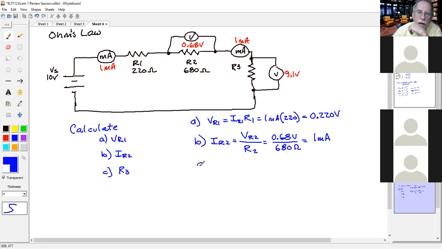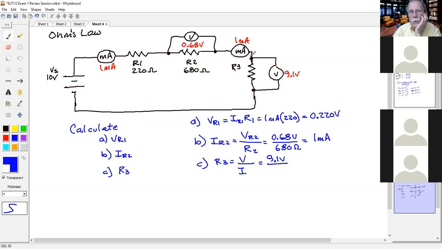And if I wanted to calculate the value of R3, we know that Ohm's law says R is equal to V over I, but we want to use the V that's associated with R3, which is the 9.1, and the I that's associated with R3.